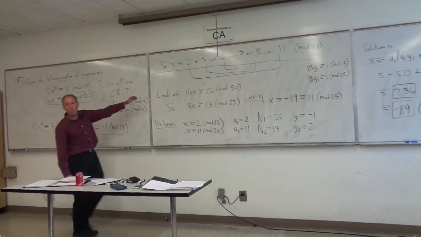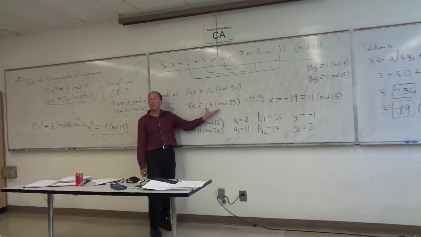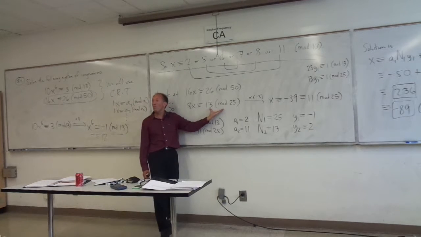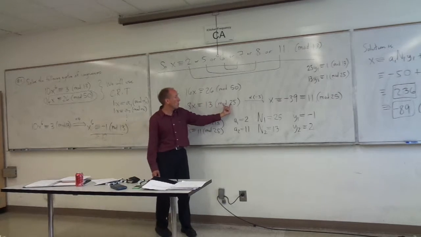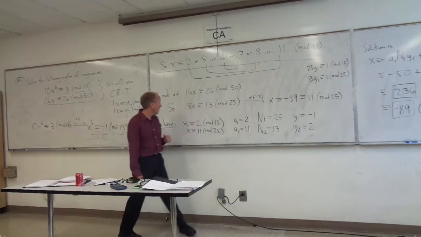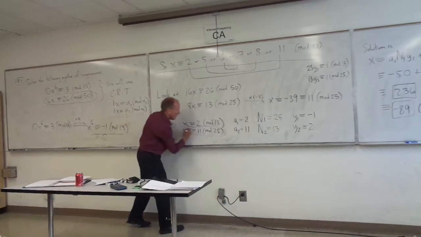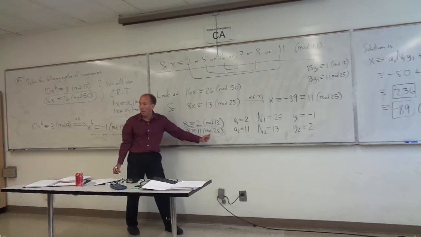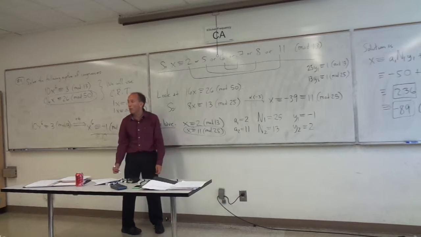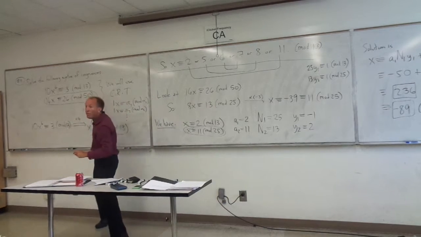Once the second congruence was divided through by 2, this congruence had a unique solution for x. But that unique solution was a unique solution modulo 25, right? Namely, x was congruent to 11 mod 25. If I wanted, I could go back and say I want to do everything mod 650.